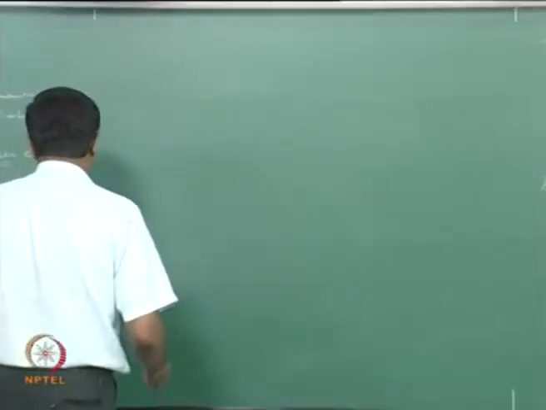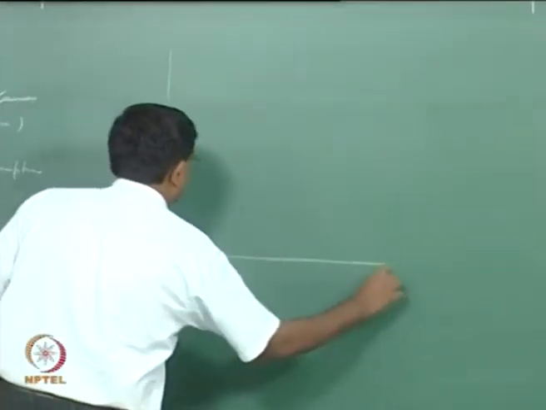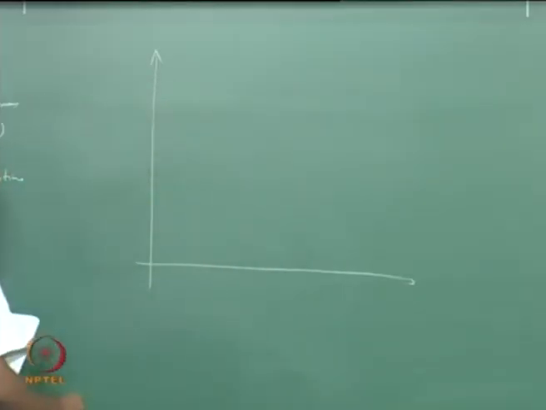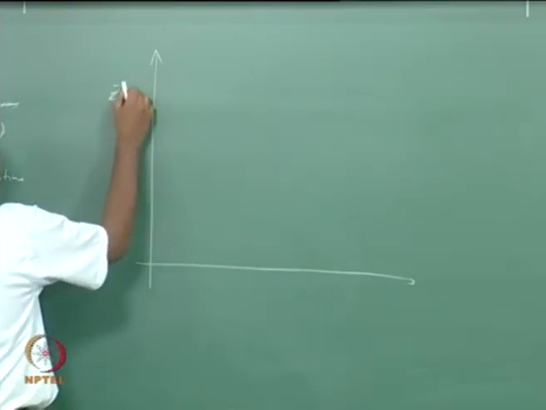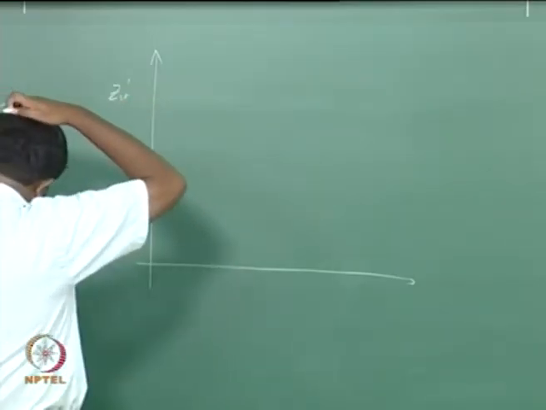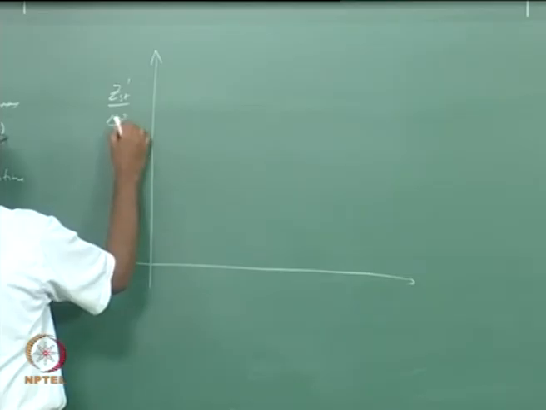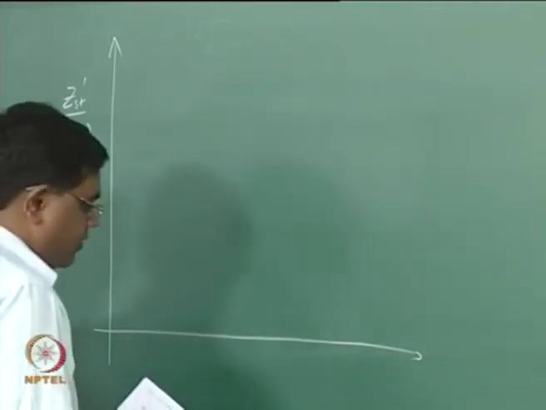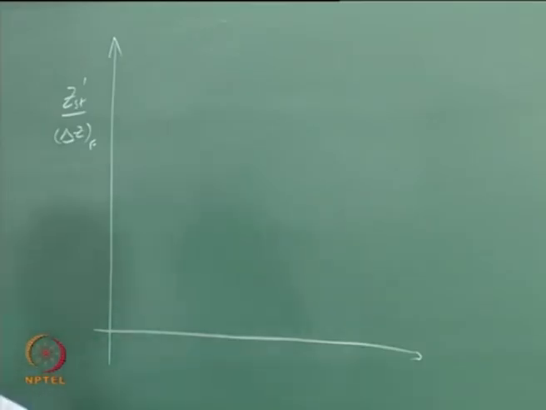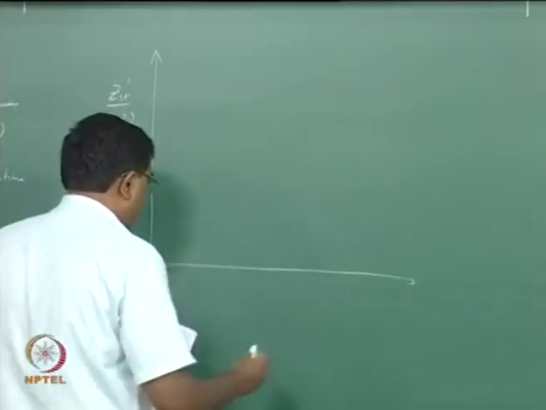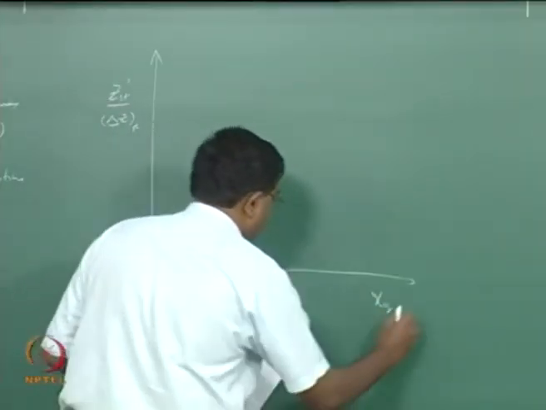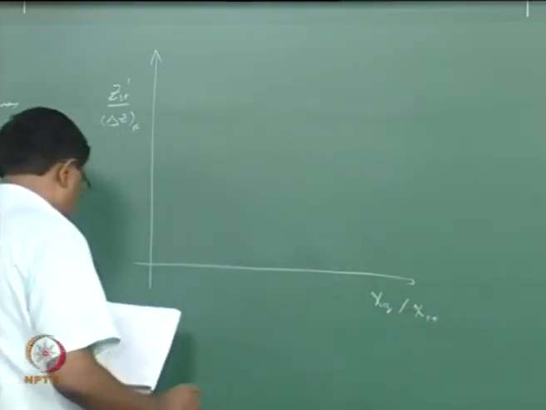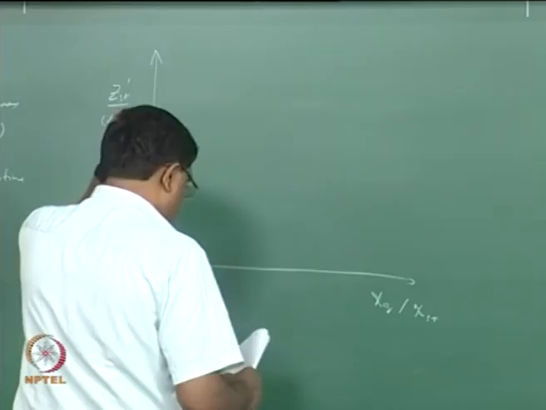So what we want to plot here is a fluctuation amplitude Z prime divided by the diffusion thickness in mixture fraction space, and on the right hand side, on the x axis or the horizontal axis, we want to plot something as a measure of turbulence, which is now going to be the scalar dissipation rate at extinction divided by scalar dissipation rate at stoichiometric.